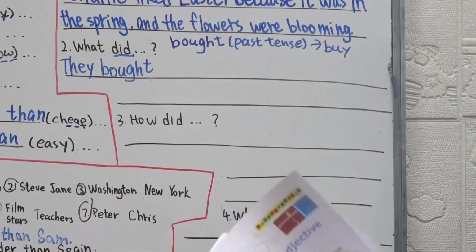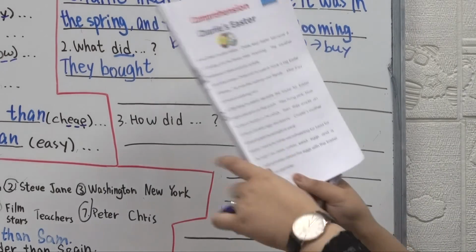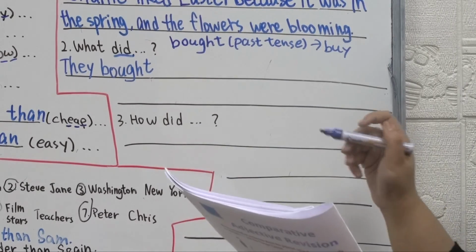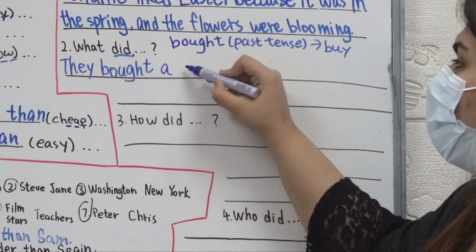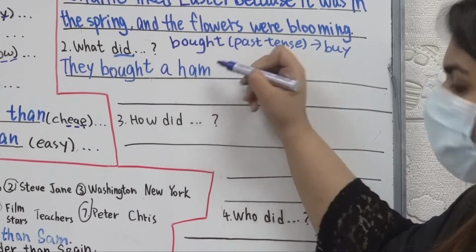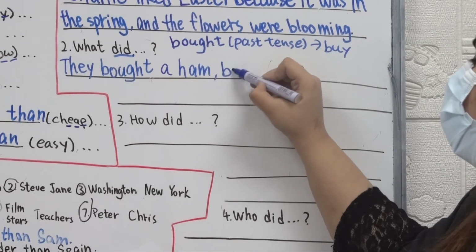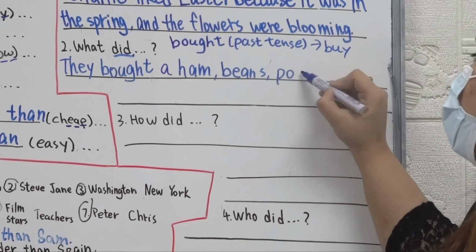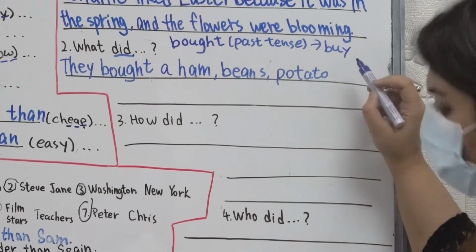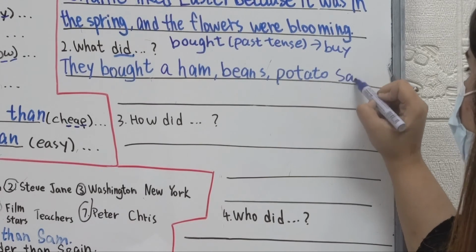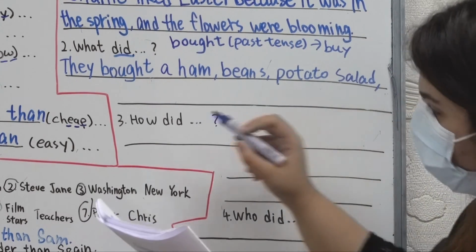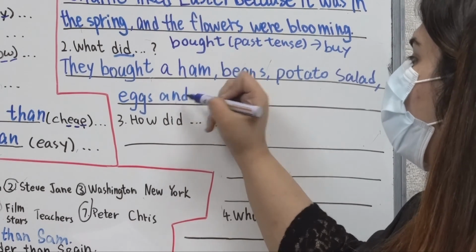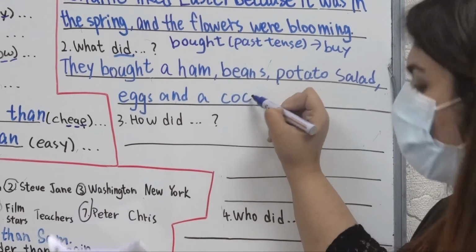What did they buy? Remember? They bought. The answer is here, right? They bought a ham, beans, potato salad, and so on. Right? So you may write that. A ham, beans, potato salad, and then eggs and a coconut cake, if I'm not wrong.